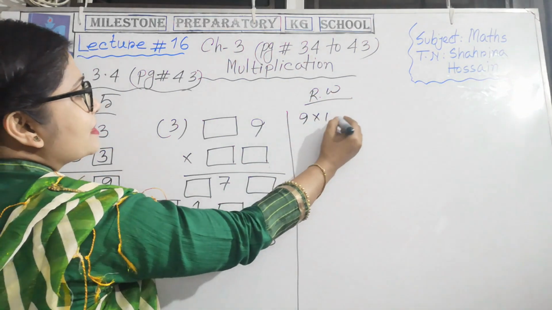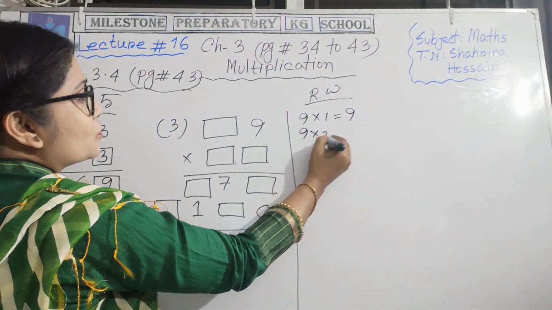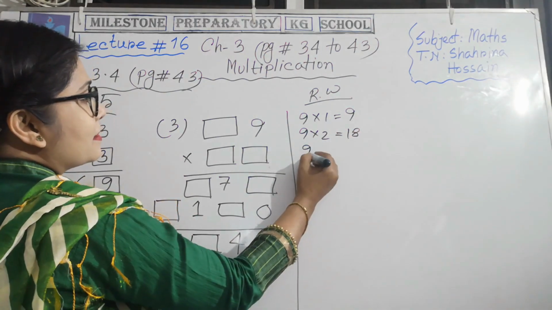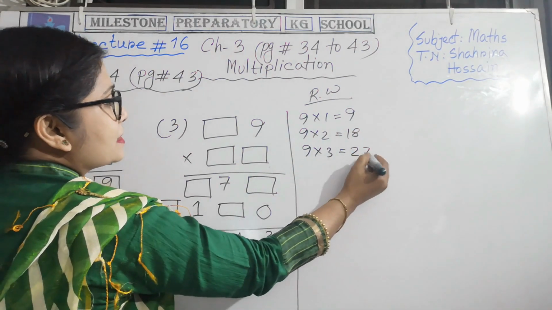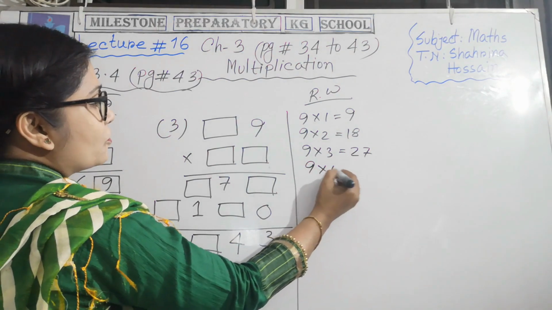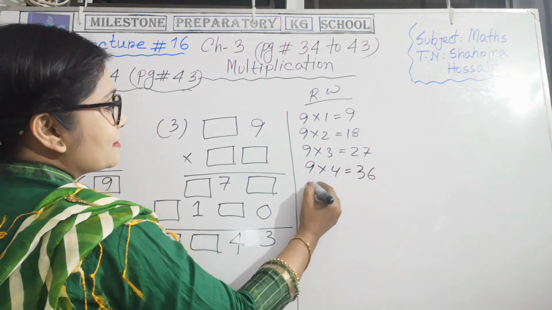9 1s are 9. 9 2s are 18. 9 3s are 27. 9 4s are 36.